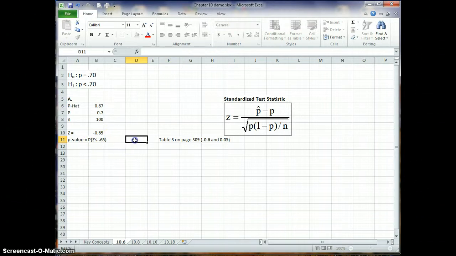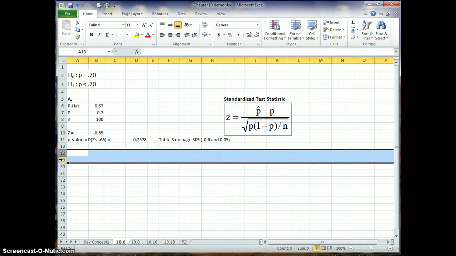So we'll put that 0.2578 right there, and actually we could add an equal sign right there. So we see that that value is 0.2578, and now it asks us to repeat the same thing with a p hat of 0.68 and 0.69.